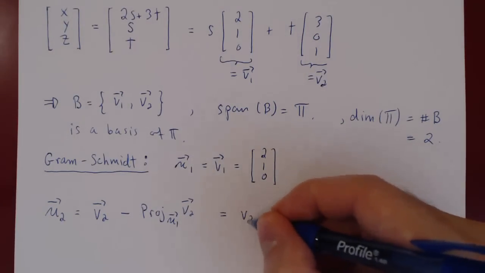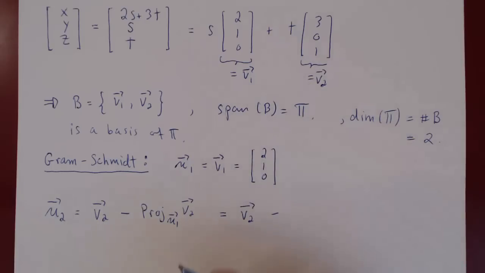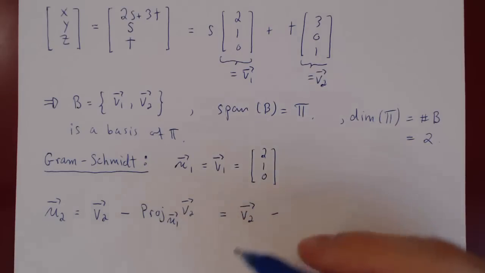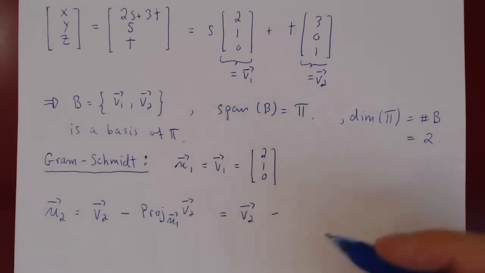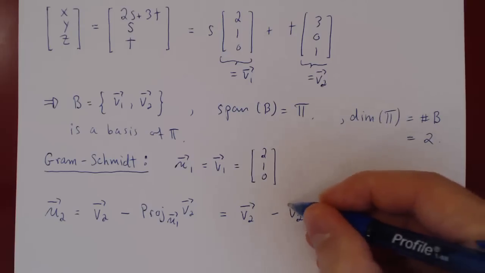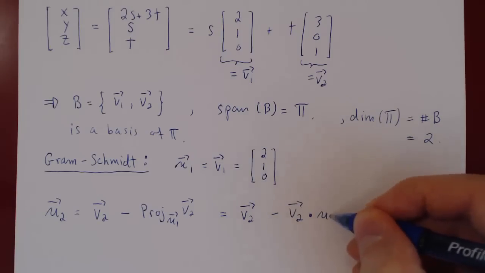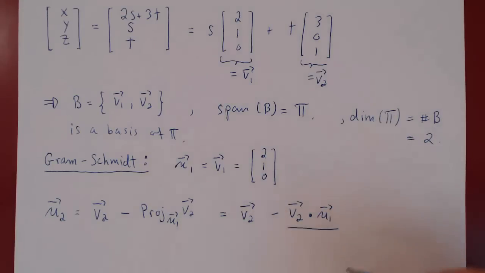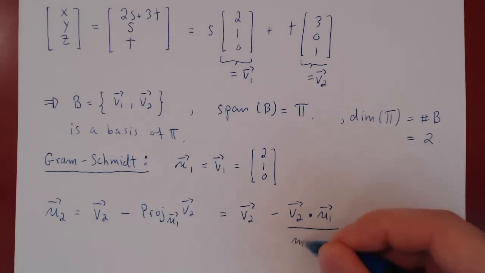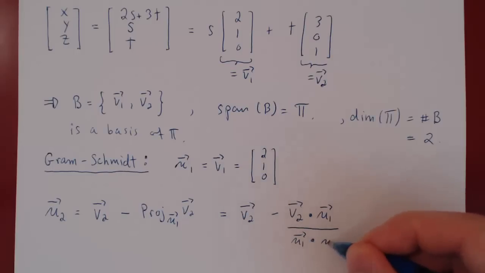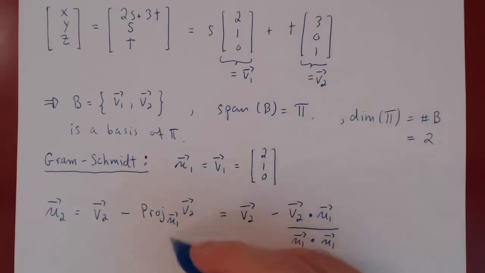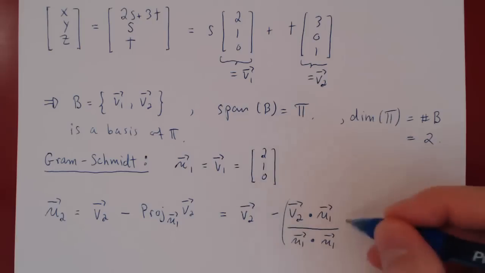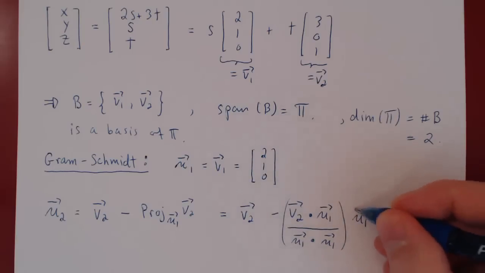So this is v2 minus, and recall the formula for the orthogonal projection. This will be v2 dotted with u1 divided by u1 dot u1 times the vector that we are projecting onto, therefore times the vector u1.